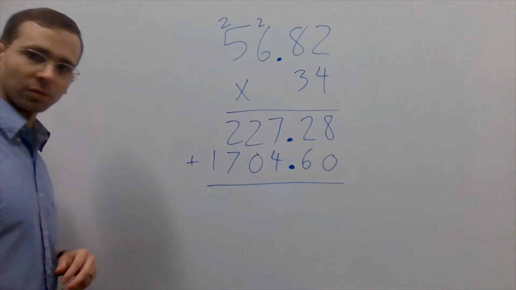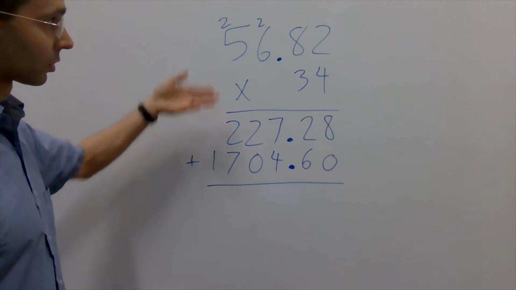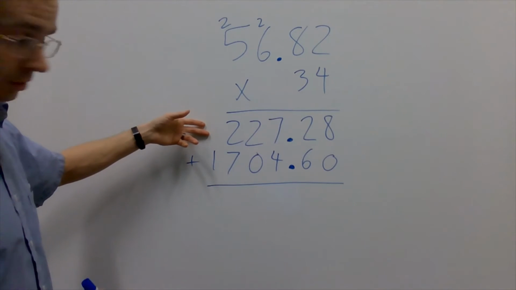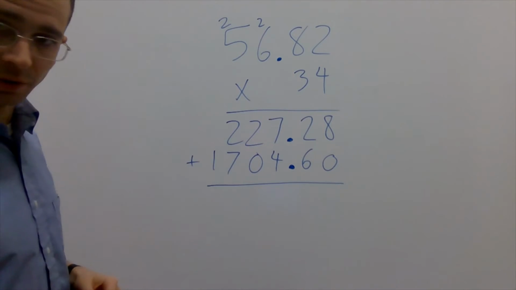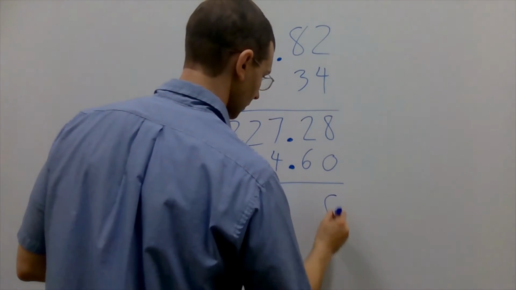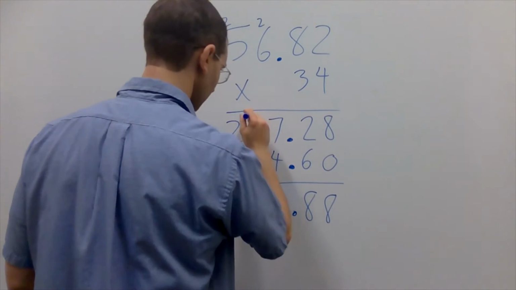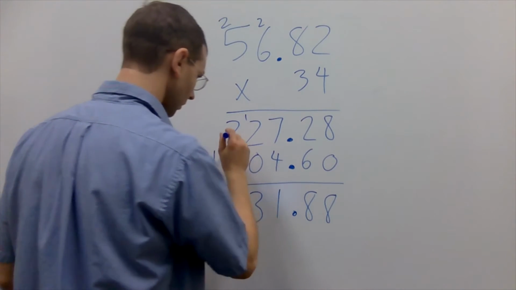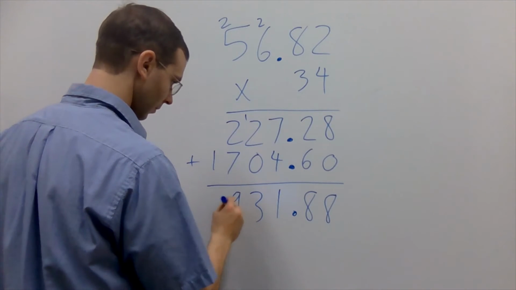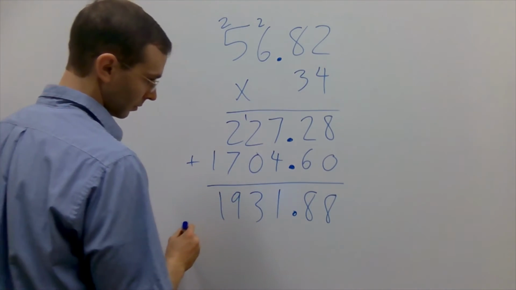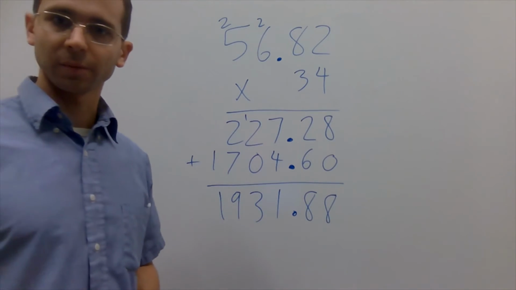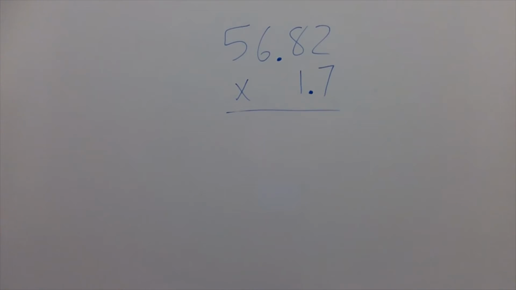We add these together, and we'll get the product of 4 times our first factor plus 30 times our first factor. And there we have it.